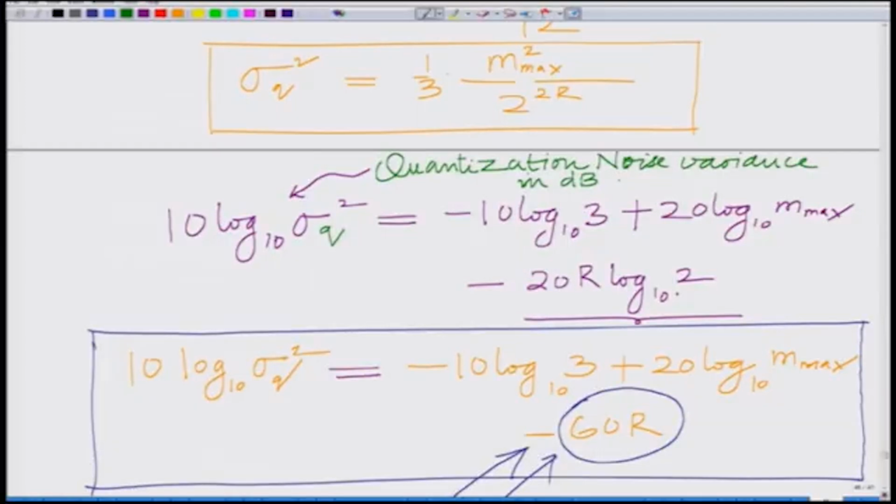When you take log of this factor, 2 to the power of 2 r in the denominator becomes 2 to the power of minus 2 r. So, that gives us minus 20 r log 2 to the base 10.